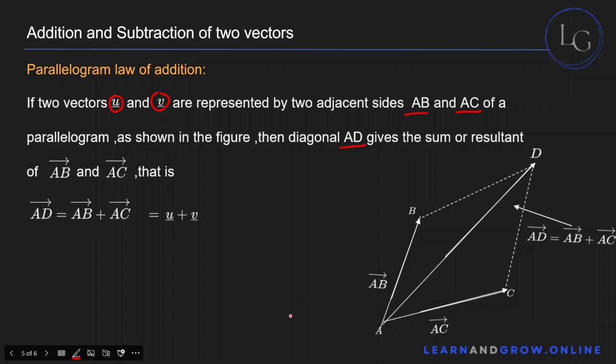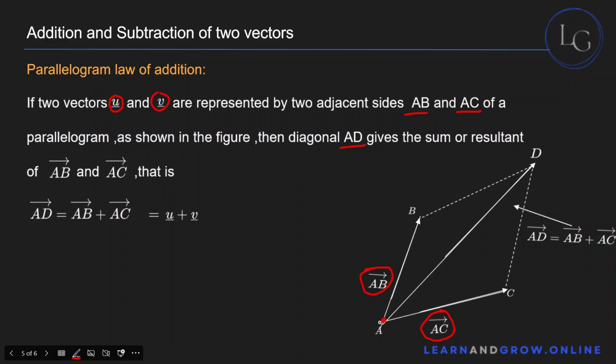So here's the thing. The two adjacent sides are AB and AC. This is AB, this side here, and this is AC, both emerging from the same point A. And you need to find their sum. They have a common point A. They both have the same initial point.